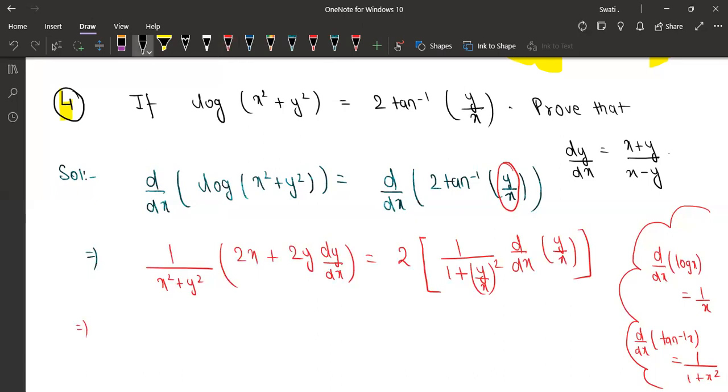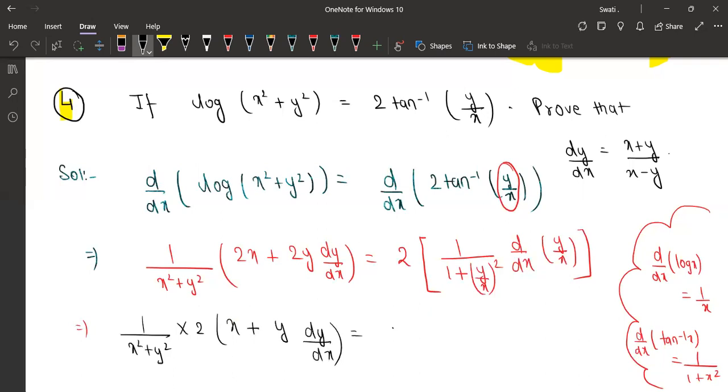Let's just continue. Now, 1 upon (x square plus y square), and here, if I want, I can take this 2 outside. So I'm getting (x plus 2y dy/dx), right?